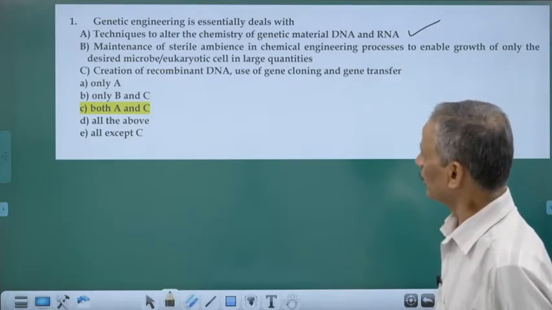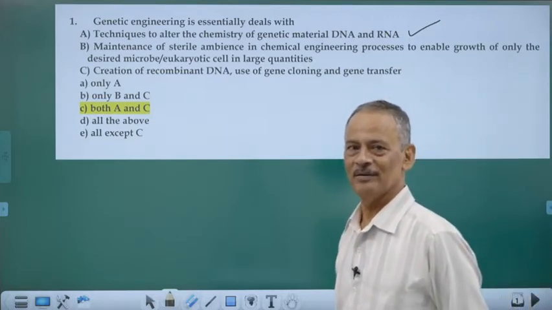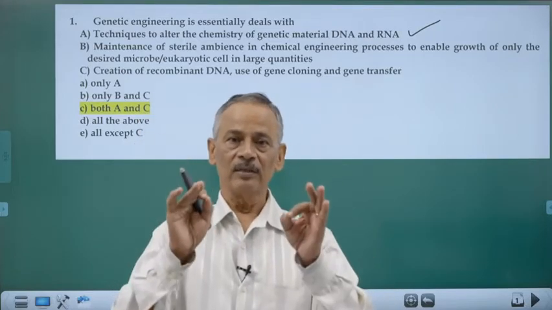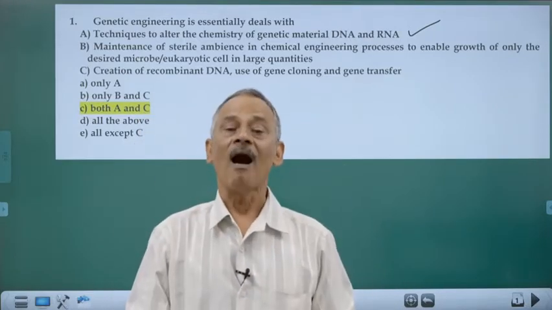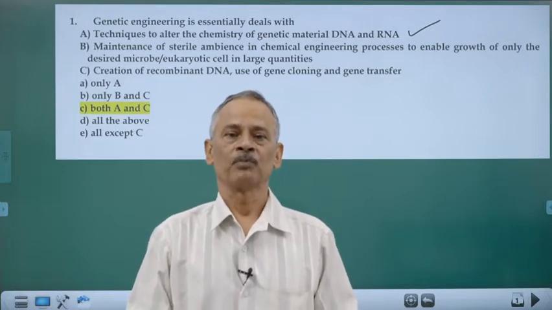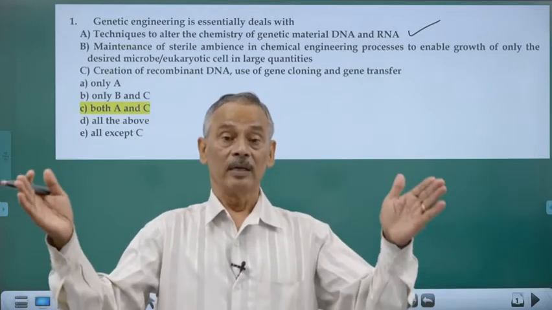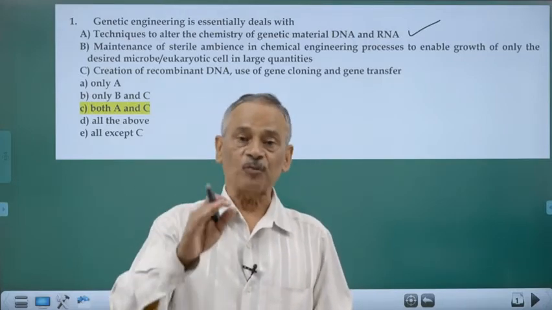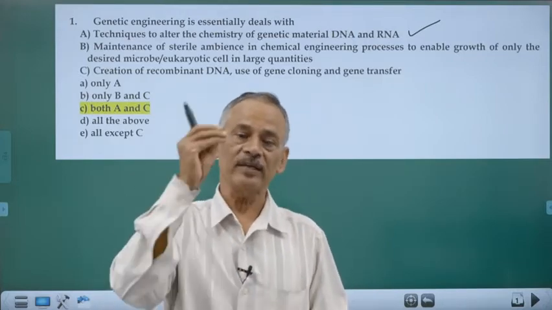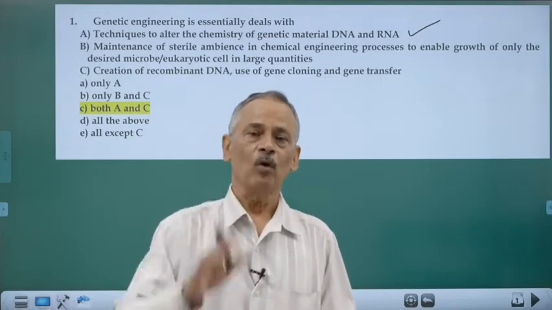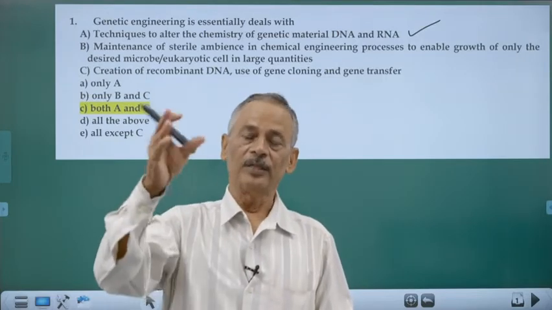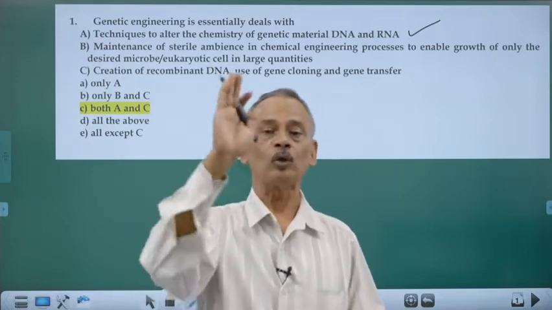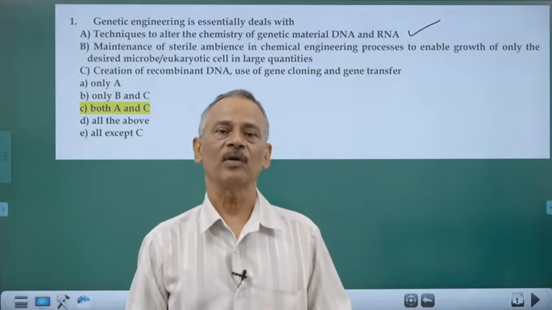Creation of recombinant DNA, that is the most important process. The most important event in genetic engineering is rDNA technology. We are taking desired DNA that is responsible for our desired quality, desired character, from one organism which is called the donor, and giving that gene to another one to which you want to have this character given.